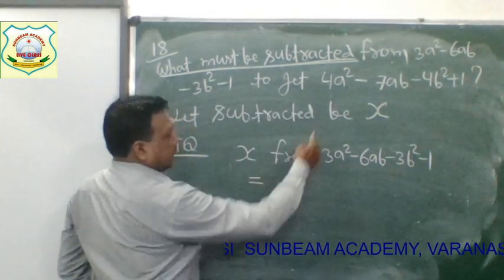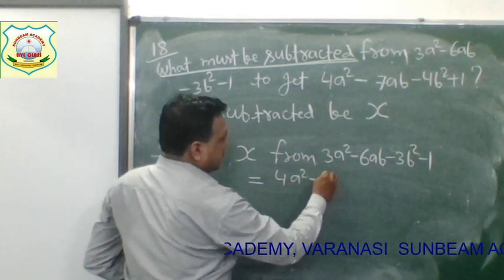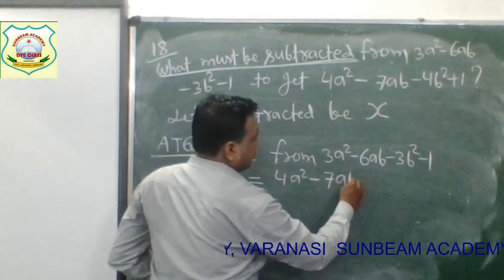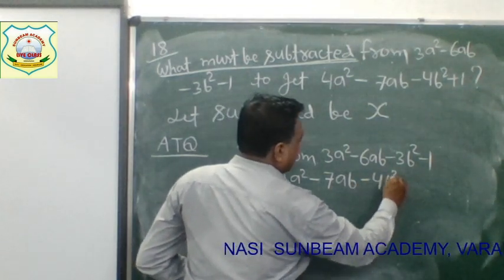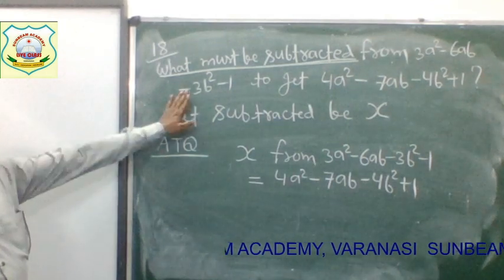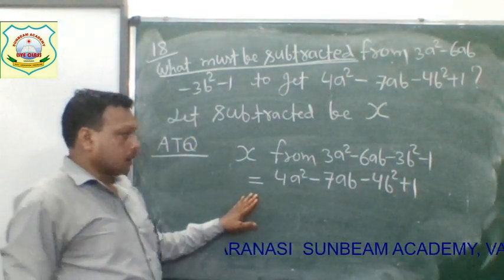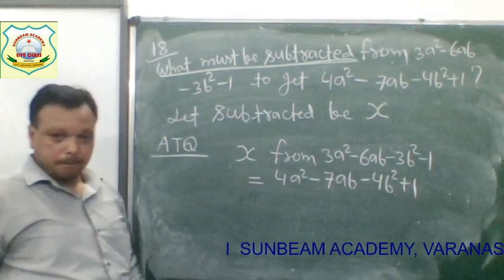What we will get? 4a square minus 7ab minus 4b square plus 1. We will write it in the form of an equation. So we will do this way.